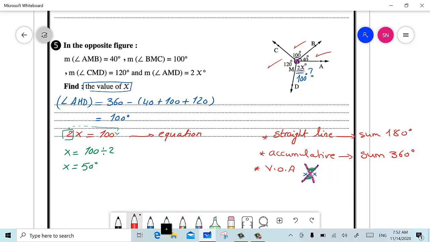And one of the most important things that you normally forget is the angle bisector. If you have an angle bisector, this means that the line divides the angle into two equal parts. If I have one of them, it will be easy to find the other. And if I have the whole angle, it will be easy to find the two halves.